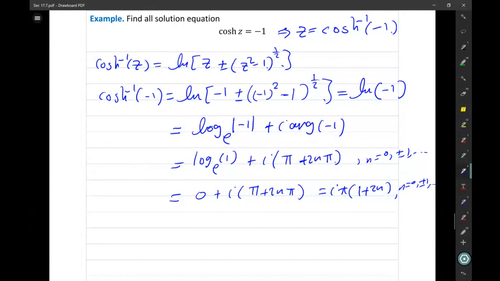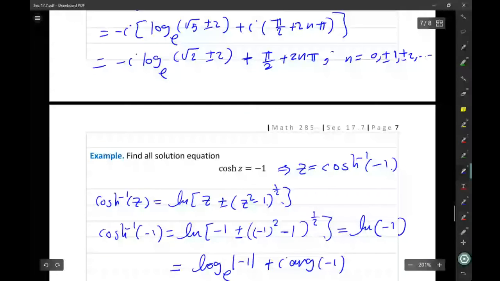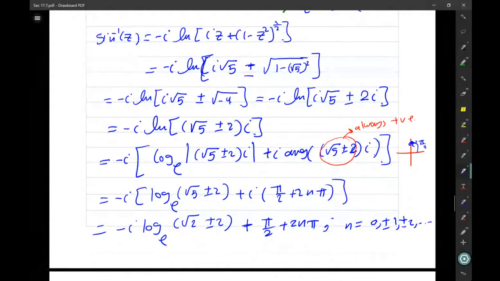Doctor, can we get back to the last example? Yes, this one, the last step. What is the i? Where has it gone?